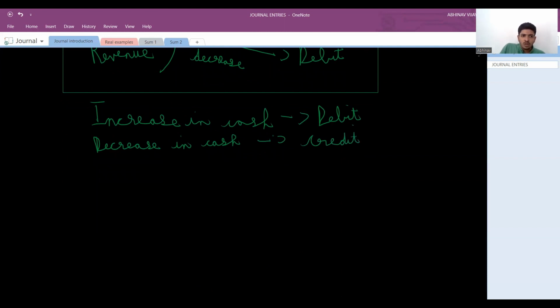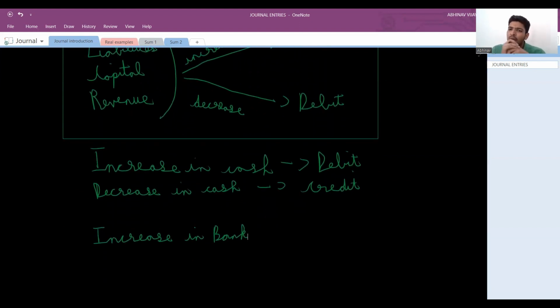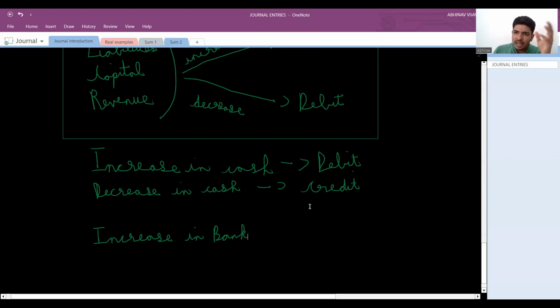Now, increase in bank. Whenever I say bank, it means the bank balance in your account, in the firm's account. We prepare books only for the firm, so the firm's account. Now, what is bank balance? A bank balance can be any amount, so any value, the benefit of which you can always take in the future.